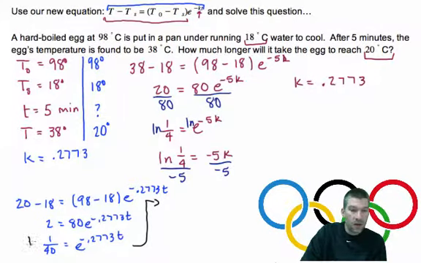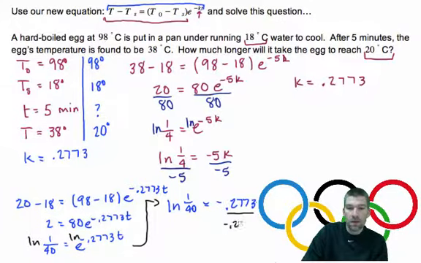Take the natural log of both sides. And when you do that, you get the natural log of 1/40 is equal to negative 0.2773t. And just divide both sides by that negative 0.2773.